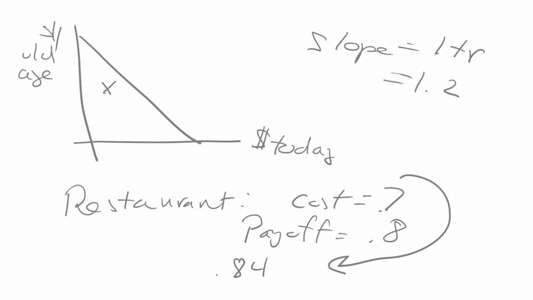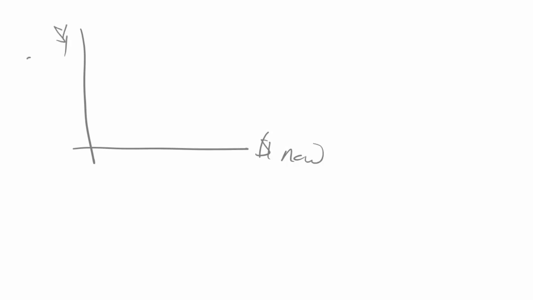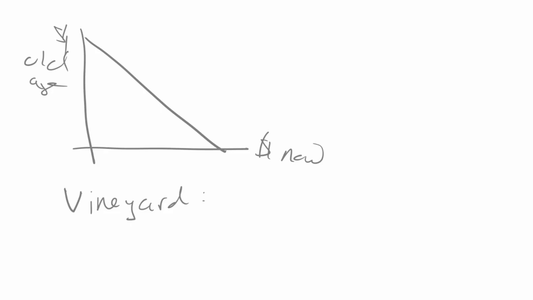Let's think about another example. Suppose she sees a vineyard. That's going to also cost 0.7.